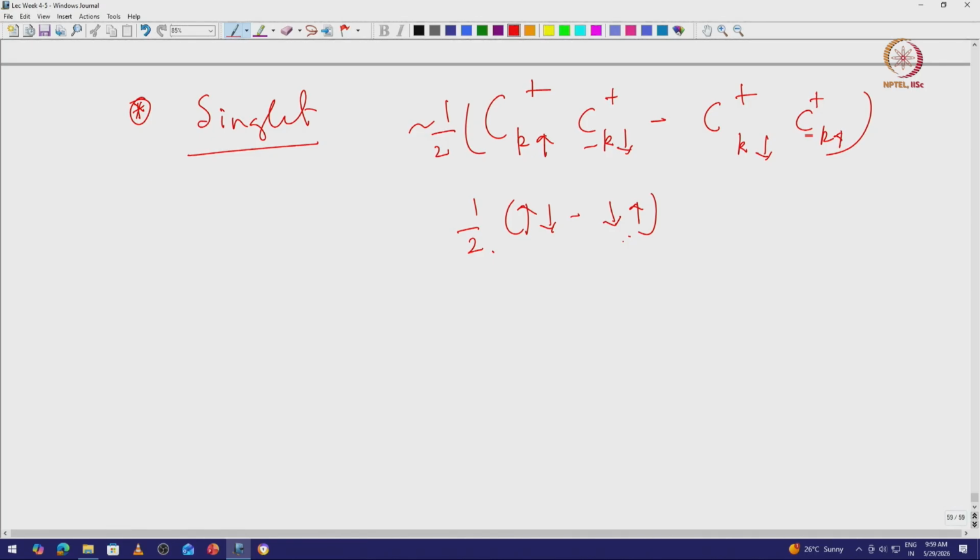So what about the momentum part then? The momentum part has to be symmetric. So how do we look at the momentum part? It is V k and k prime. So we interchange them, then this one has to be symmetric.